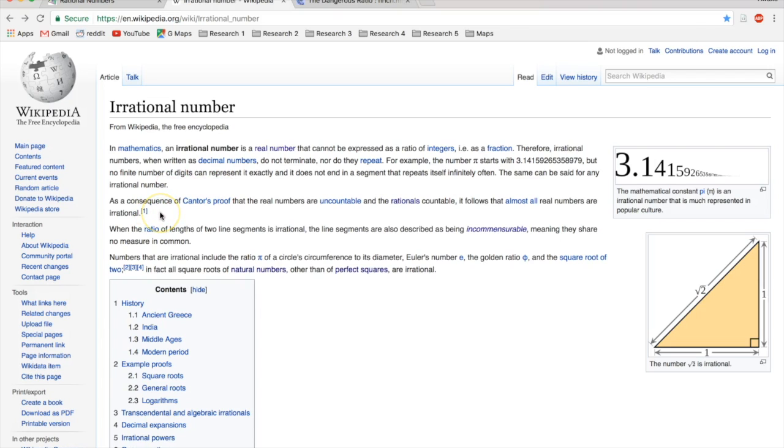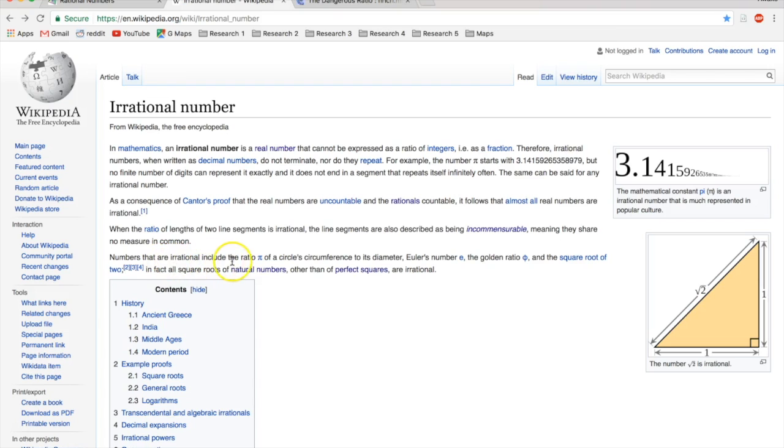Going on, it says, as a consequence of Cantor's proof that the real numbers are uncountable and the rationals countable, it follows that almost all real numbers are irrational. We'll cover this. When the ratio of lengths of two line segments is irrational, the line segments are also described as being incommensurable, meaning they share no measure in common.